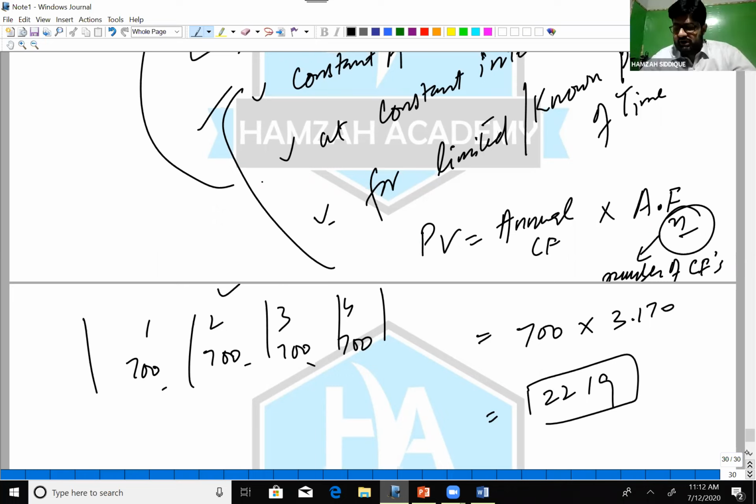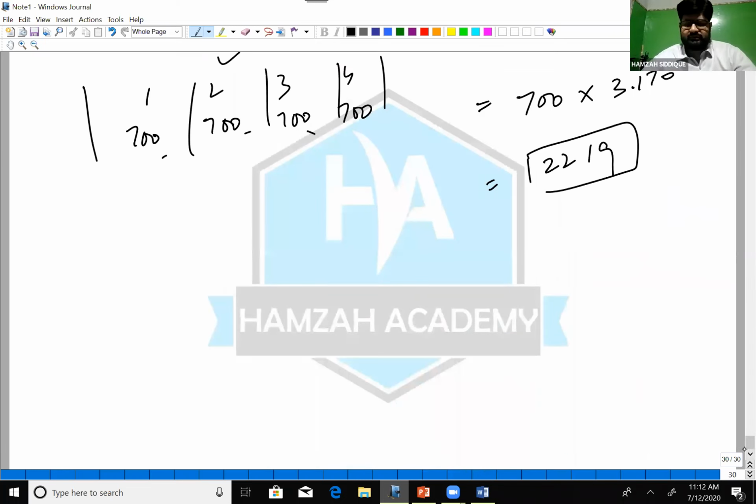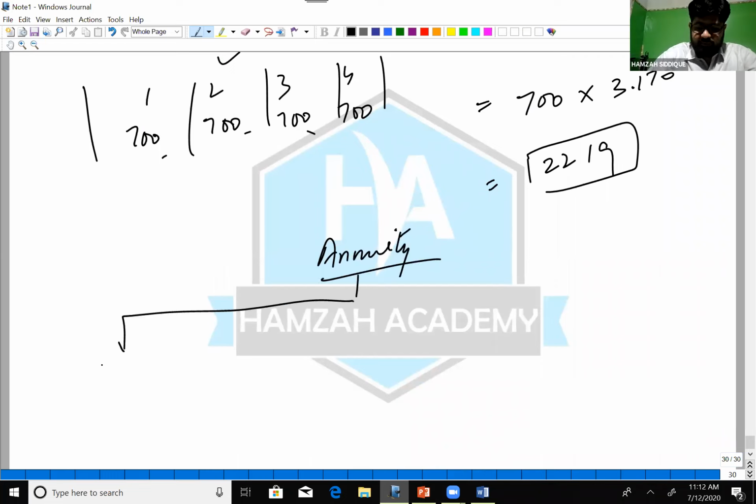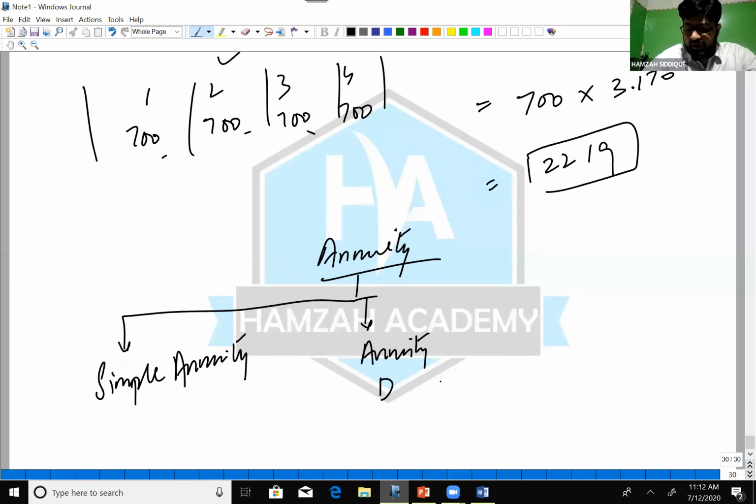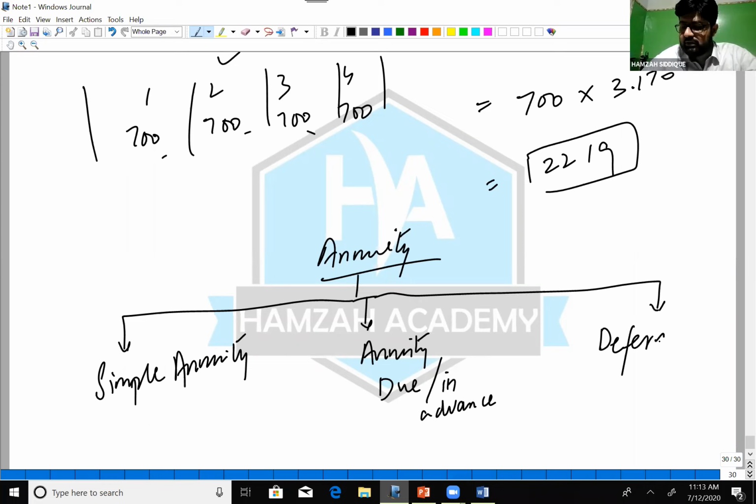Now students, annuity is of three types. One is called simple annuity, the second is annuity due or in advance, both names, and the third one is deferred or delayed annuity.